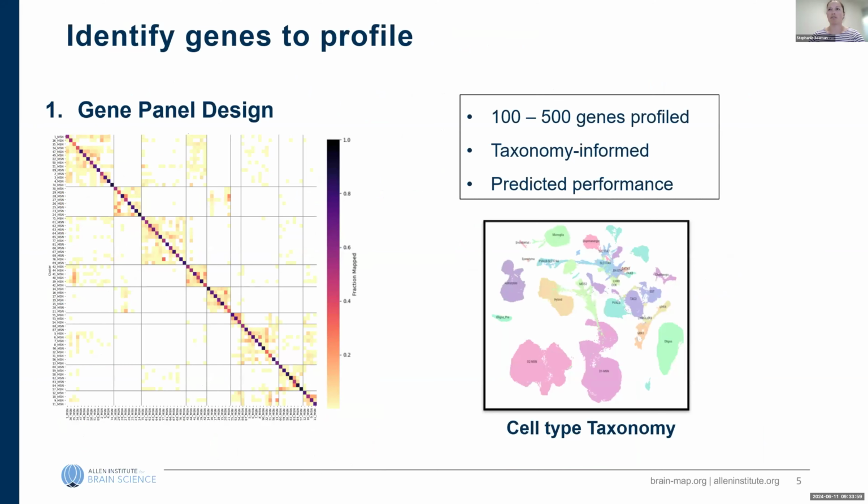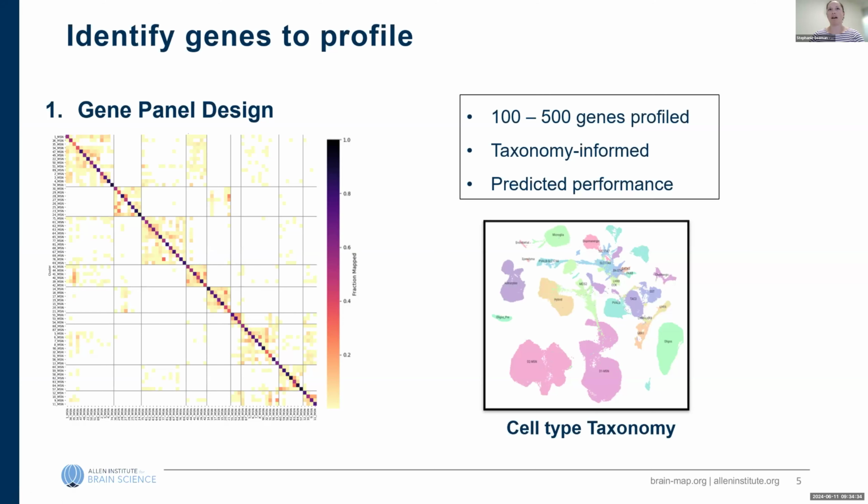These spatial transcriptomics platforms allow us to profile upwards of 500 genes, but this is a much smaller subset of all of the genes in the genome. So we can use the cell type taxonomies that are generated from the single nucleus data to both inform the important genes for distinguishing cell types, as well as use these taxonomies to predict our performance in recapitulating the cell types using this subset of genes.